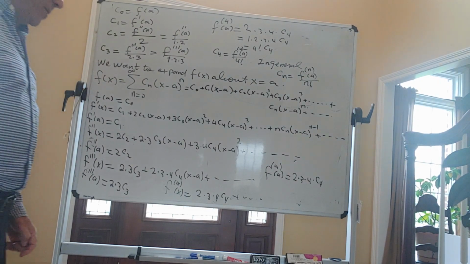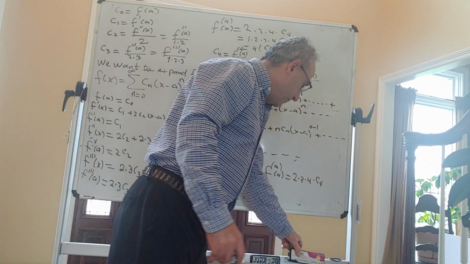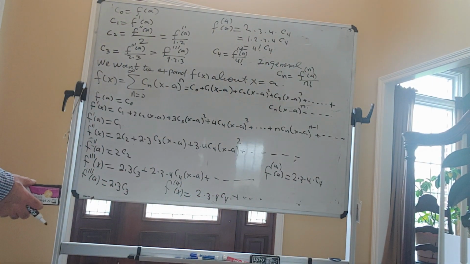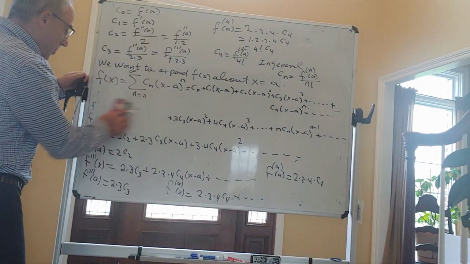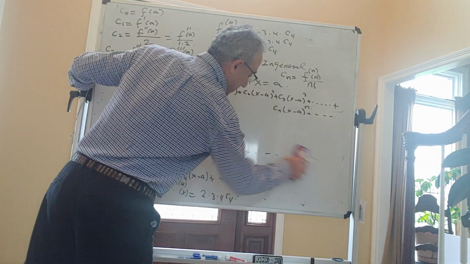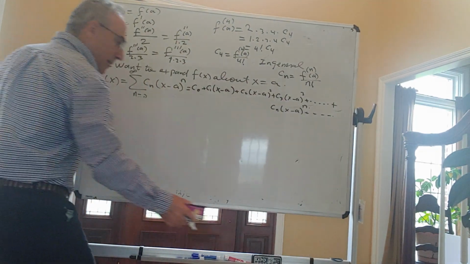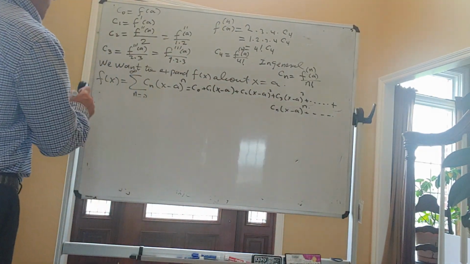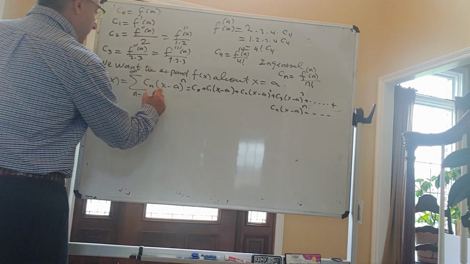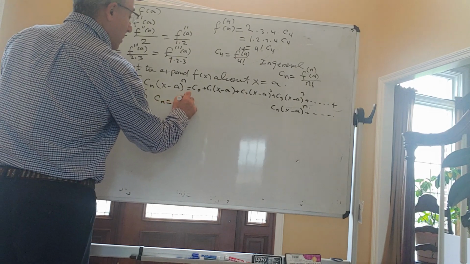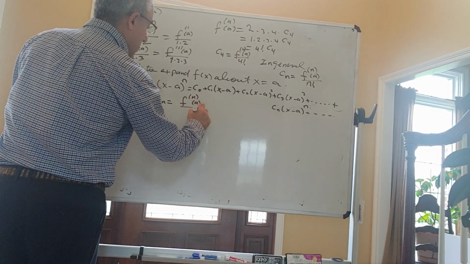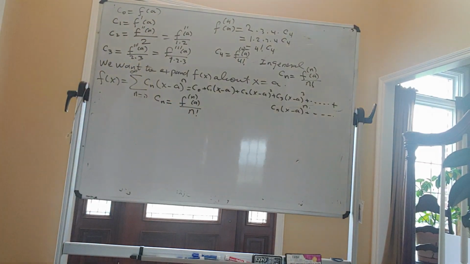So in this instance, I can delete all that. Okay, and so this one, this is the Cn. So the Cn are Fn of A over n factorial. Okay?